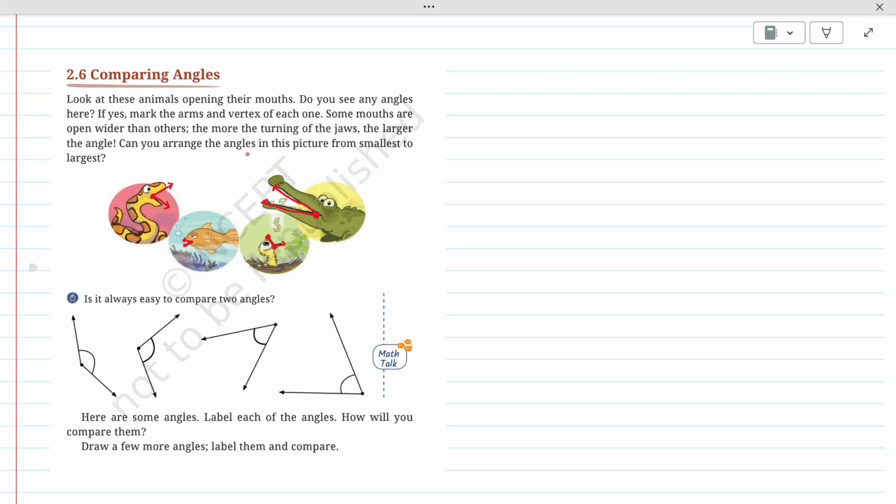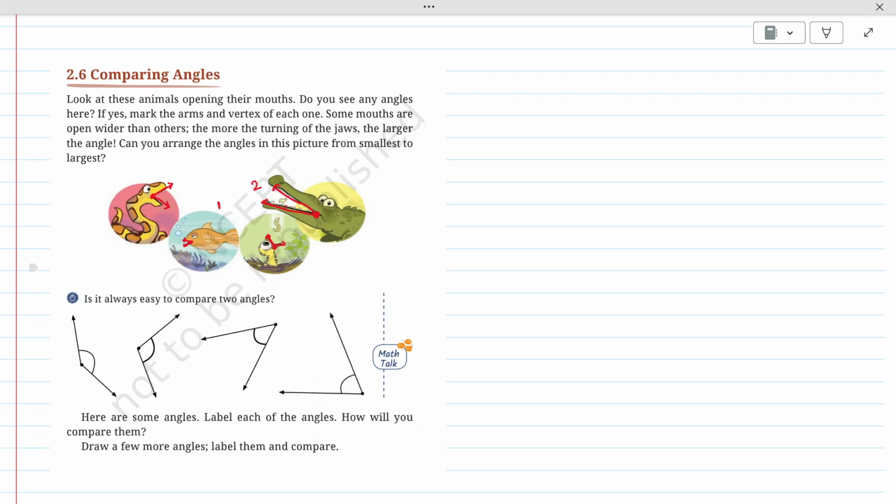When we look at this picture, what we can say is this is the smallest angle. So I am marking this fish as the smallest one. I am marking them in ascending order, that is, smaller angles to bigger angles. So this one is the smallest angle. Then we have a crocodile, right?